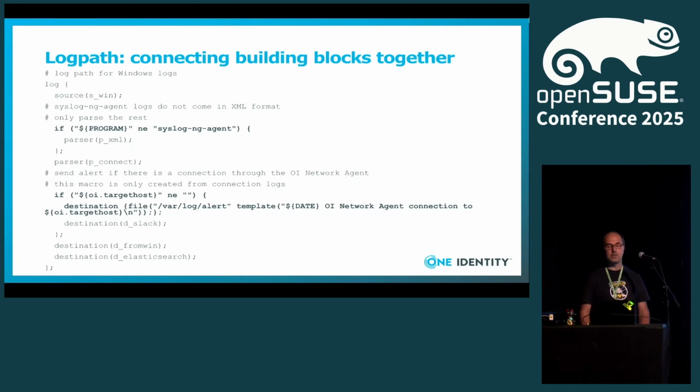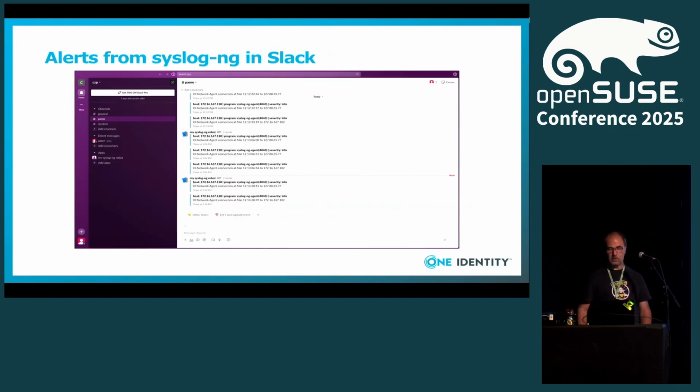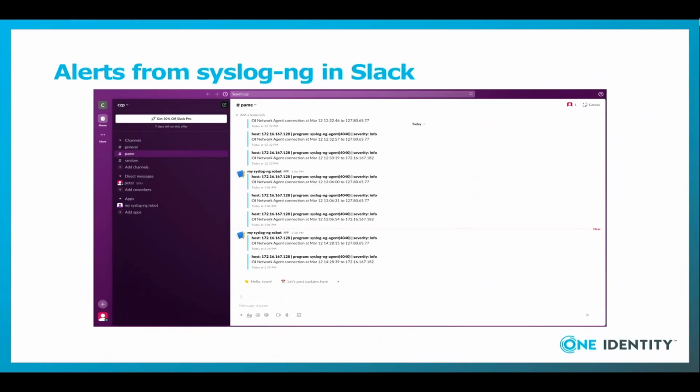Finally, we save all of the log messages to files and Elasticsearch. Here you can see that the alerts by Syslog-ng arrived in Slack.